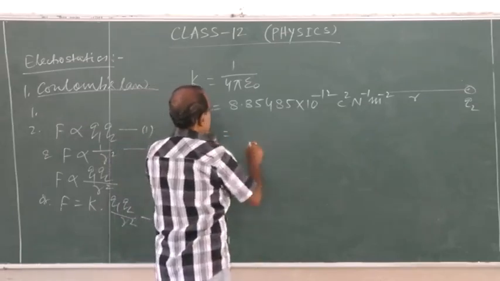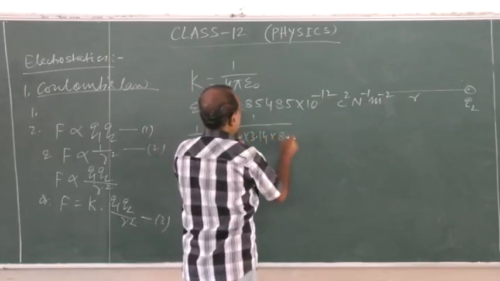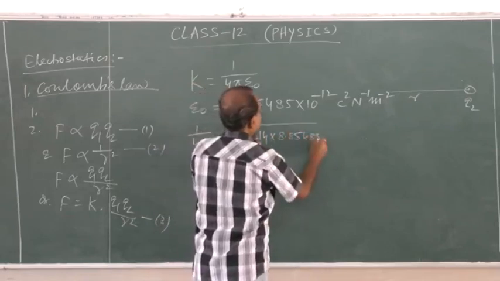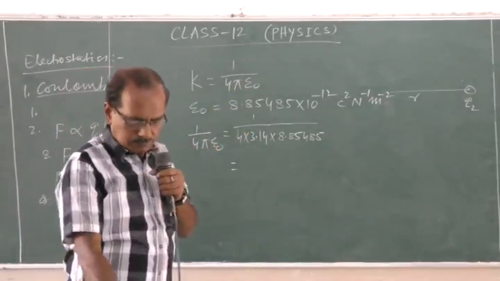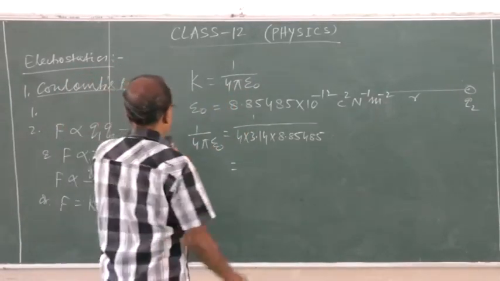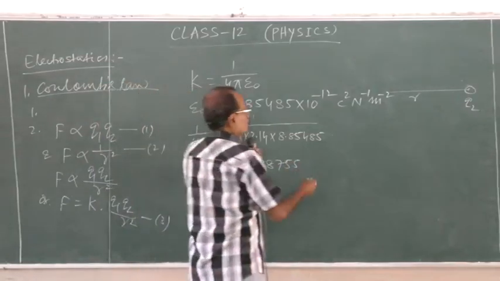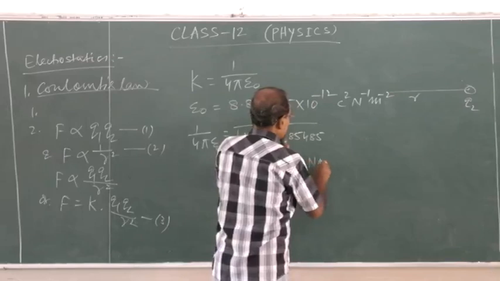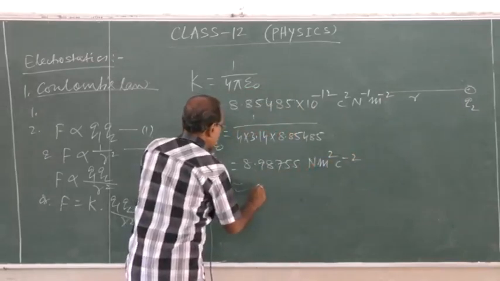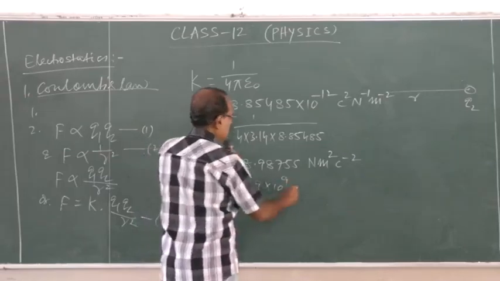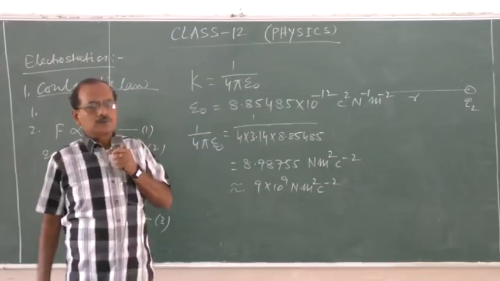This will come 1 by 4 into 3.14 into 8.85485, that is nearly 8.98755 Newton meter square per Coulomb square, and this will be nearly equal to 9 into 10 to the power 9 Newton meter square per Coulomb square.